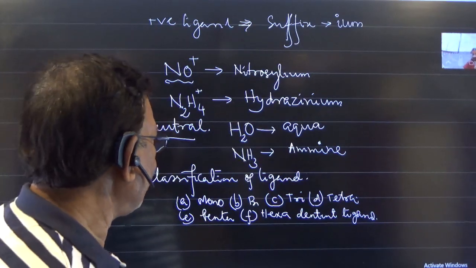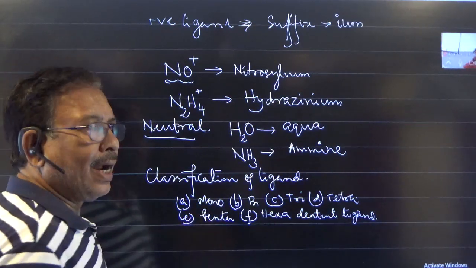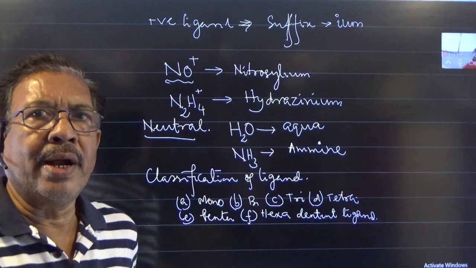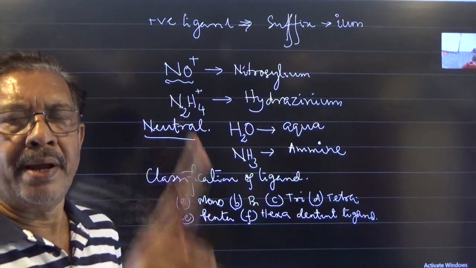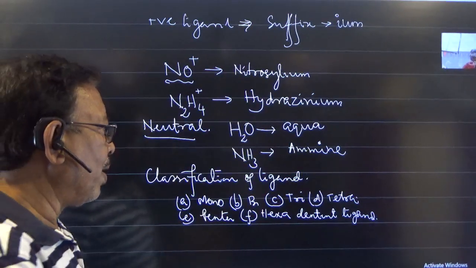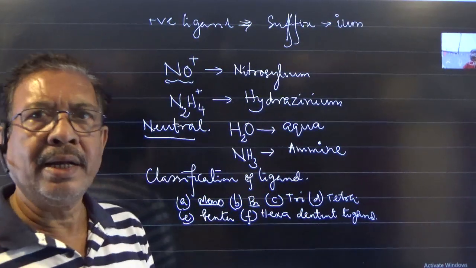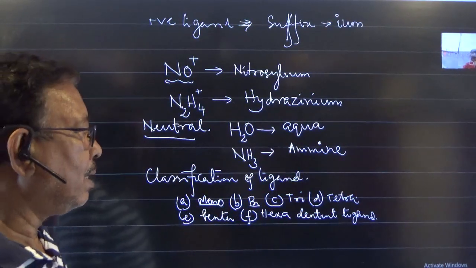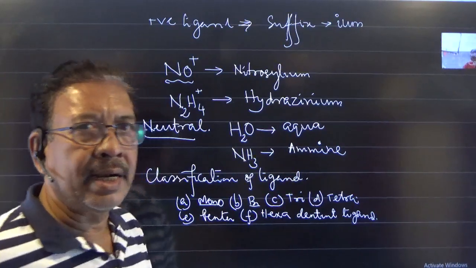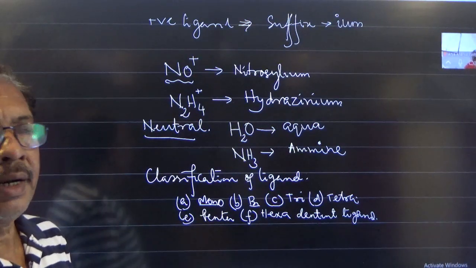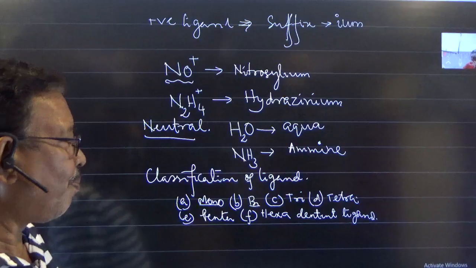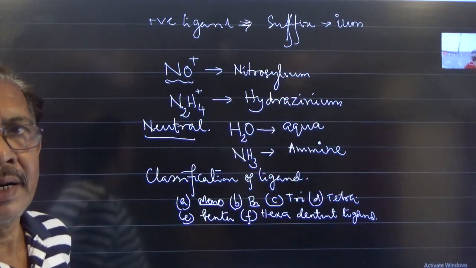Okay. So monodentate, if a ligand can donate one pair, it is called monodentate. If it donates two pairs, it is called bidentate. Three pairs tridentate. Four pairs tetradentate. Five pairs pentadentate.